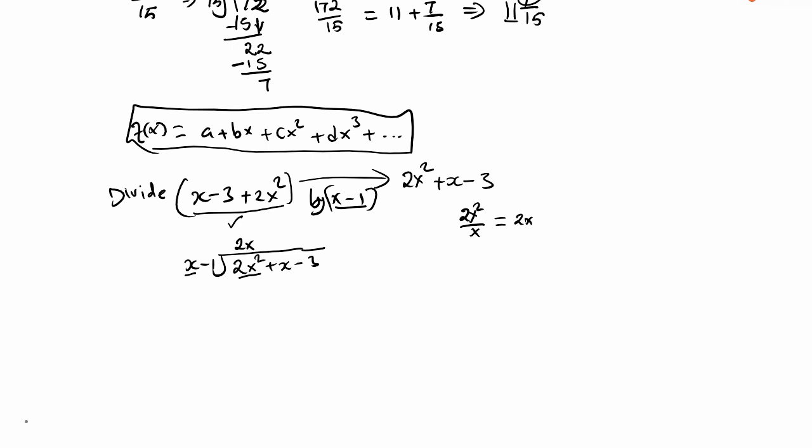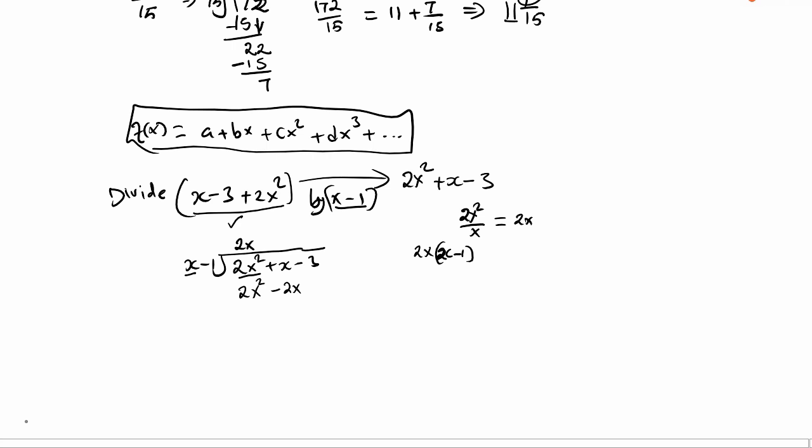Multiply the divisor by this 2x. So we shall take the divisor, which is x minus 1, and then multiply by that 2x. If you multiply, you shall get 2x squared minus 2x. Alright. Subtract to get the remainder.